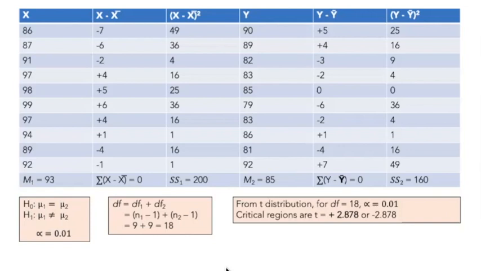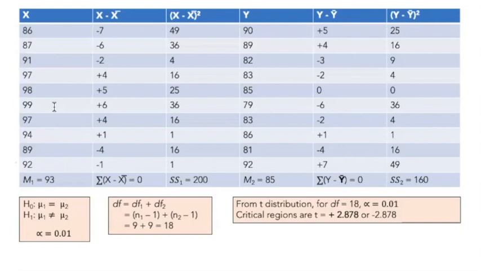M1 minus M2 comes from the sample, mu1 minus mu2 comes from the population, from the null hypothesis, so there you don't have any specific differences. So that's always going to be 0. We'll get to that. But let's focus on this set of calculations.